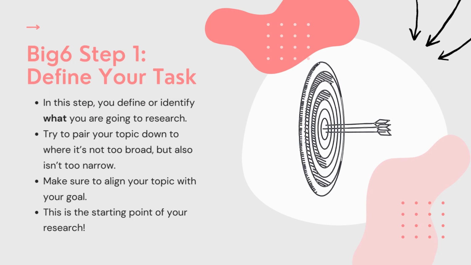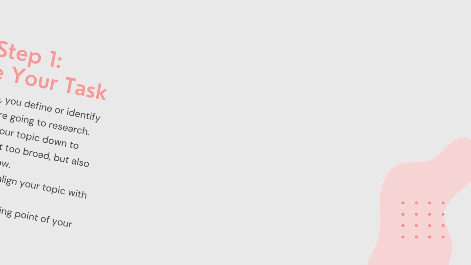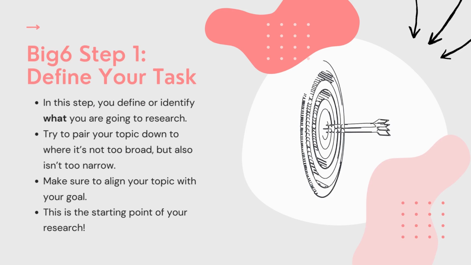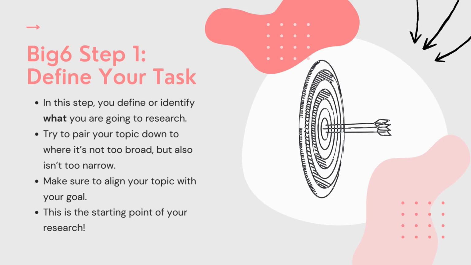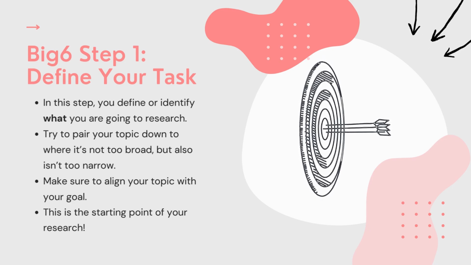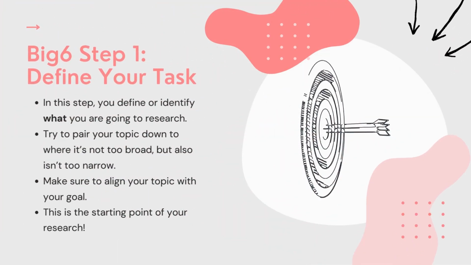And most of the time, your goal is a given assignment. Once you have double checked that your goal is aligned with your topic and your topic's aligned with your goal, and that you have a pretty substantial topic that will give you enough resources, not too many, but not too little, then you're ready to start researching.